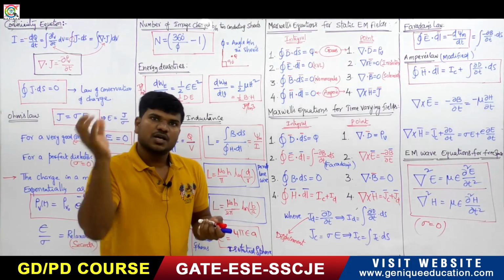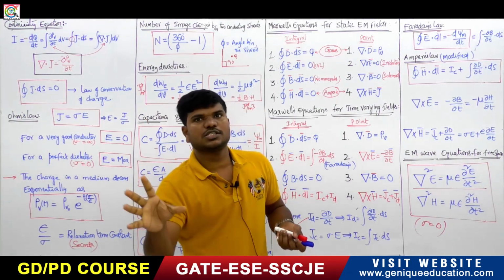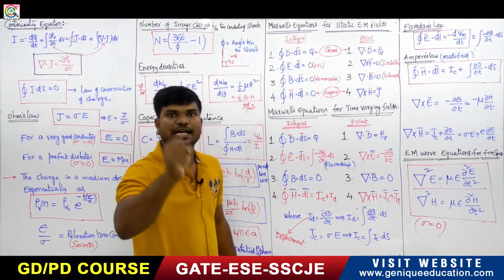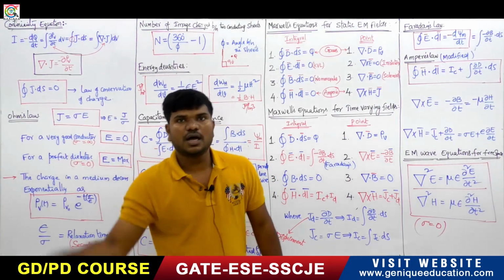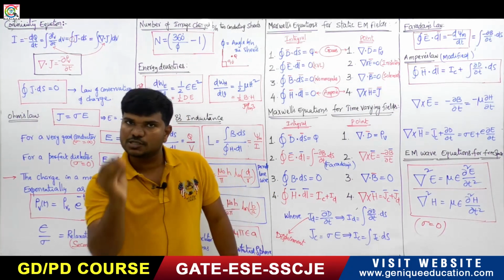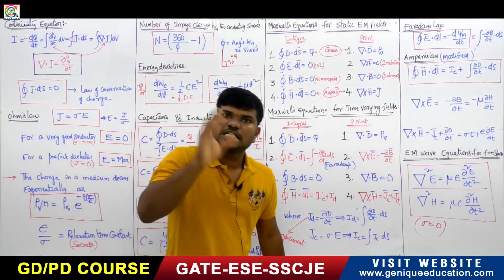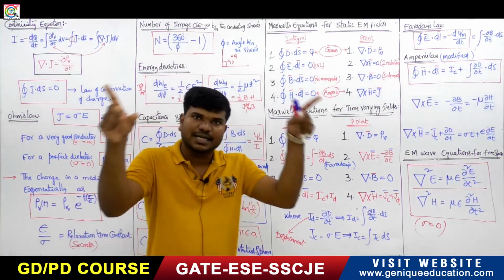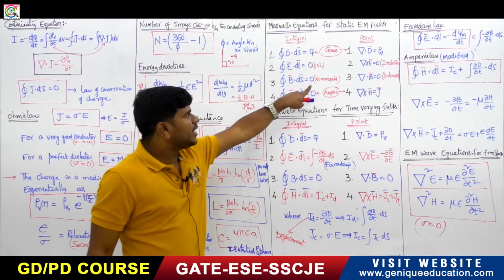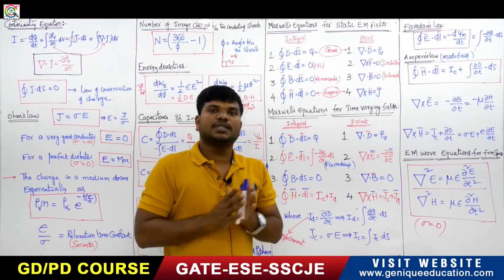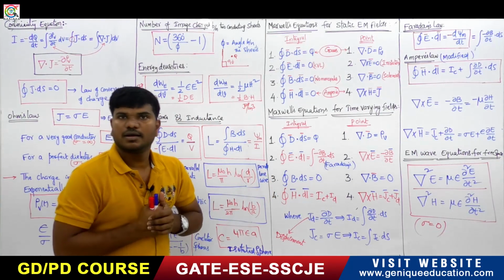If you take any closed surface, the total magnetic flux within it is 0 because south poles and north poles are present even in a small closed surface. So closed integral B dot dS is equal to 0. This entire integration shows that there is no monopole for magnets.